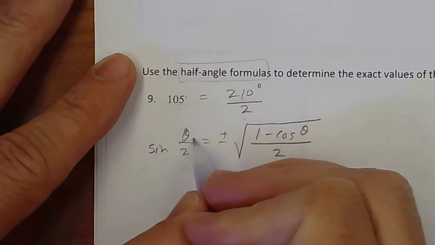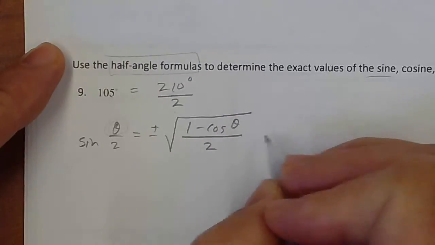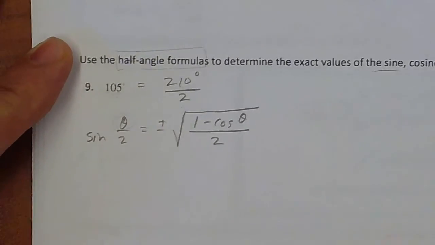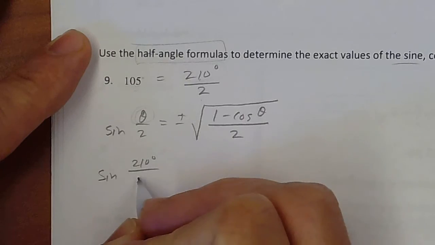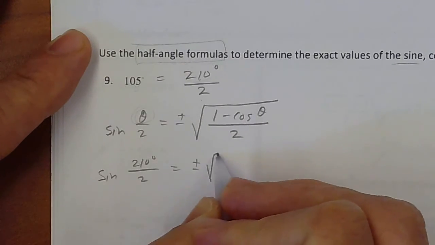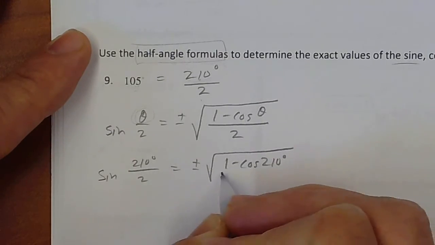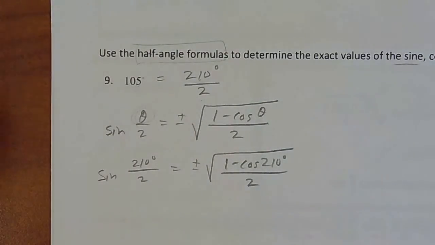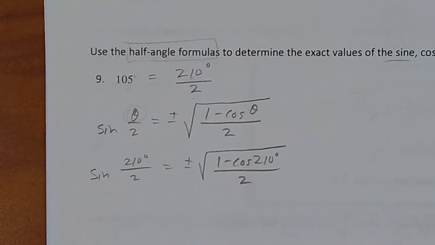So right now, 210 is going right here and here. So to apply this, I'm just going to write it right below: sine of 210 degrees over 2 equals plus or minus the square root of 1 minus the cosine of 210 over 2. All right, so I need the cosine of 210. I'm going to do that in the next video.